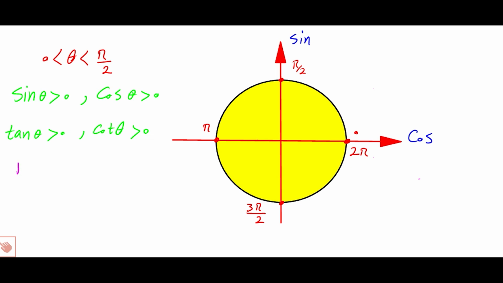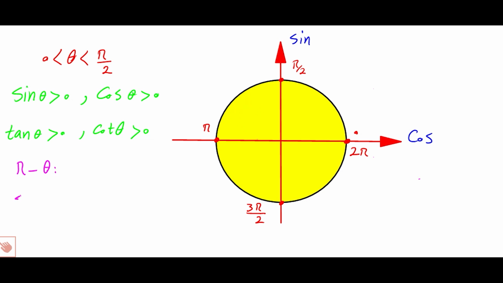Now we wanna examine pi minus theta. If theta is an angle between 0 and pi over 2, then pi minus theta falls in the second quadrant. Pi minus theta, second quadrant.